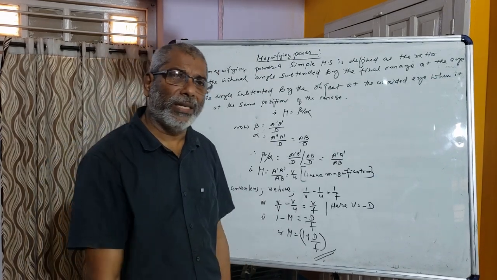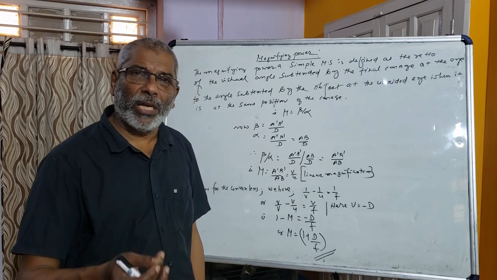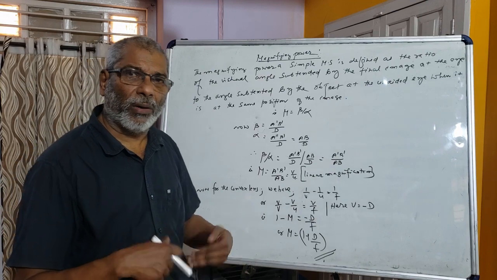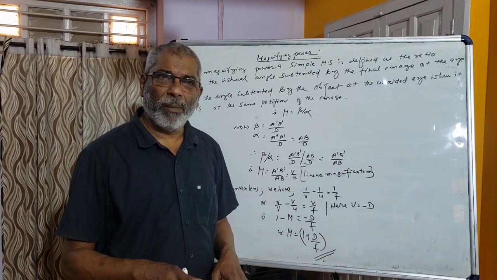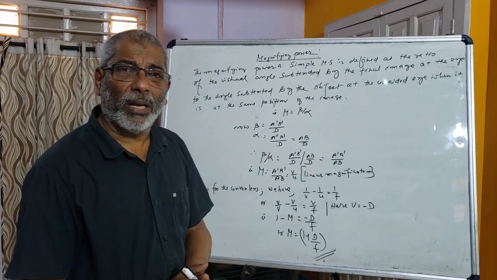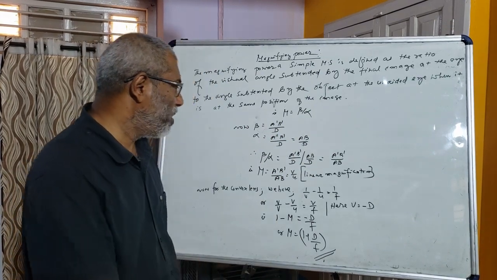We have already seen in lenses, size of the image by size of the object is linear magnification. Here actually we are calculating angular magnification. But in this case, as it is a single lens, the angular magnification is same as linear magnification.